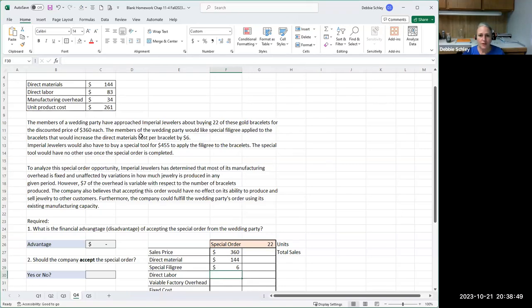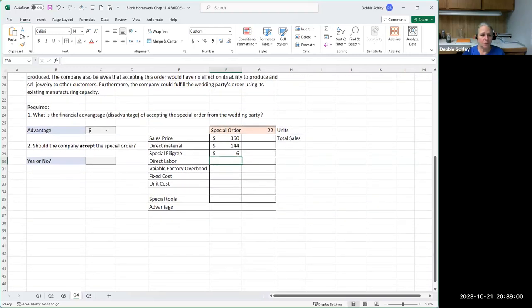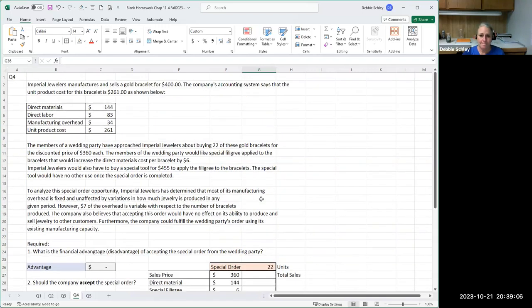Okay, what else are they telling me? Imperial Jewelers would also have to buy a special tool for $455. So a special tool has got to be added here. This special tool would have no other use once the special order is completed.